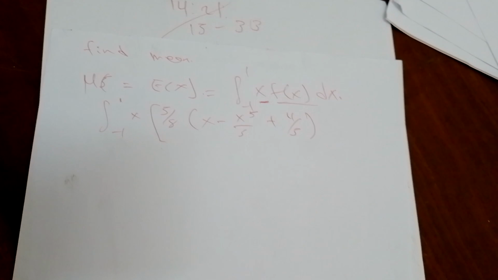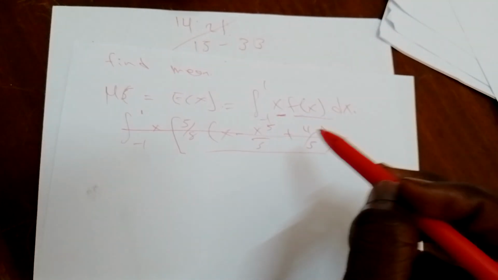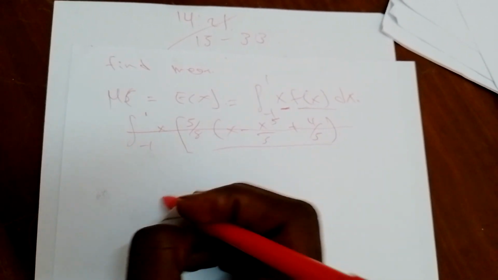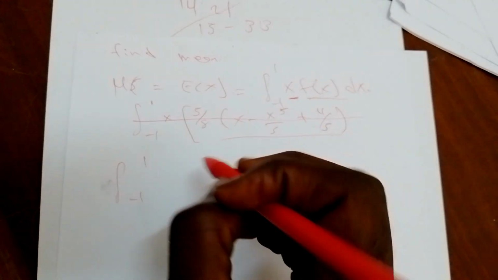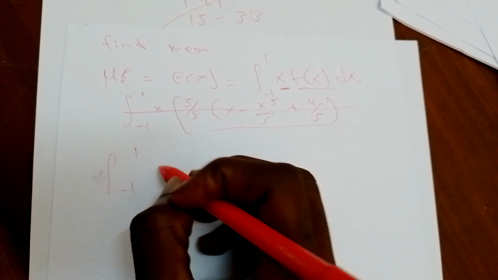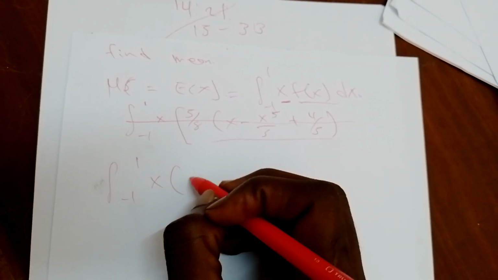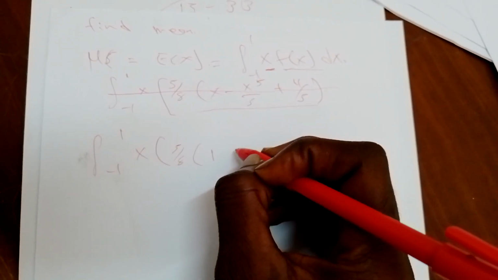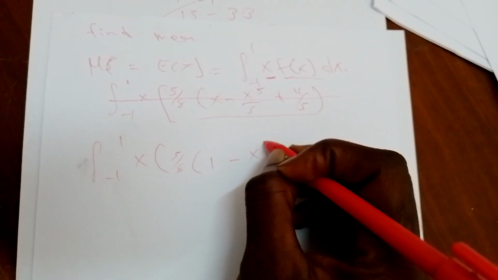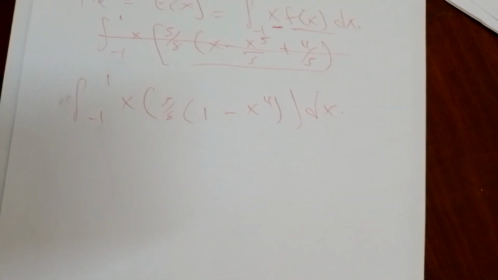No, sorry, this is not it. What I'm using here is the CDF. We have to use the main function. So we have the integral from minus one to one of x multiplying the function itself, 5 on 8 multiplying 1 minus x^4, dx. Sorry for the initial error.